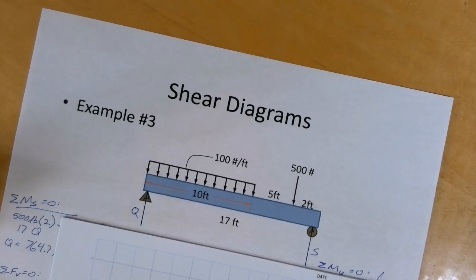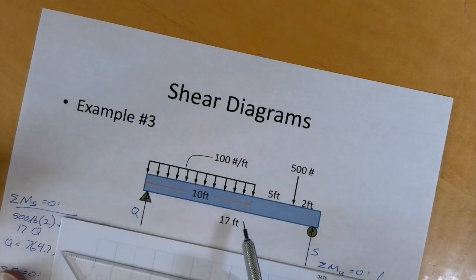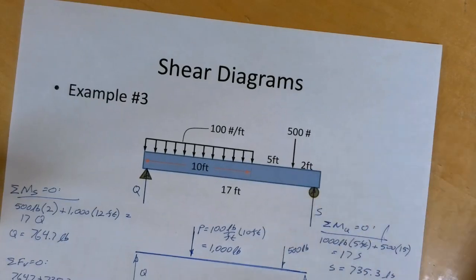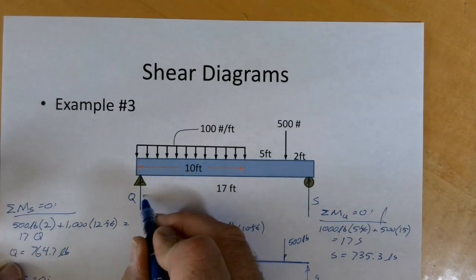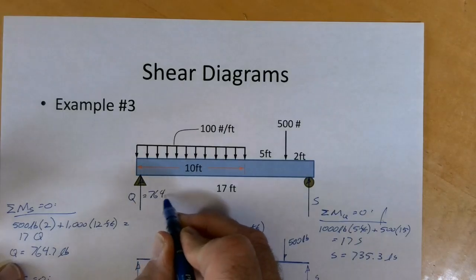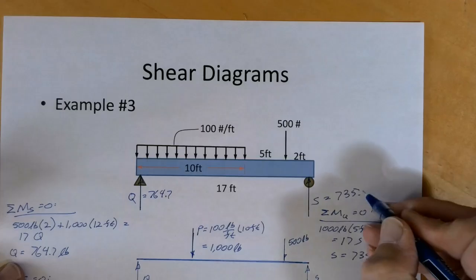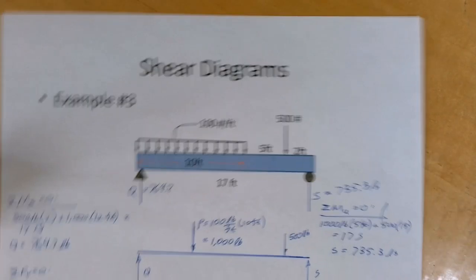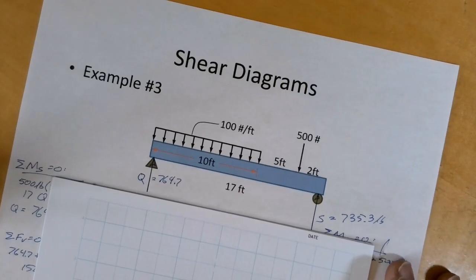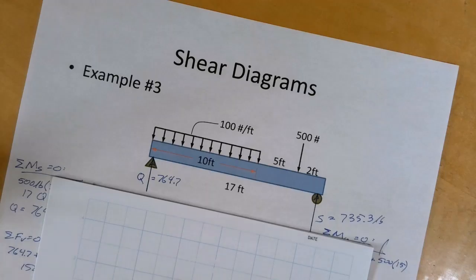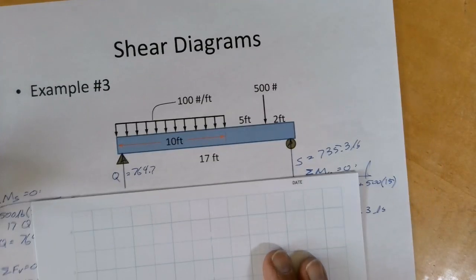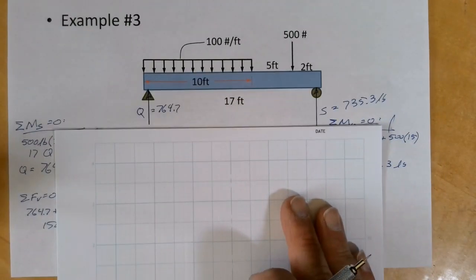So to set myself up, I'm going to just crib off of this load diagram up here. Let me write the reactions up here so I can see them easier. Then I'll throw my calc paper up here and start to work through this.